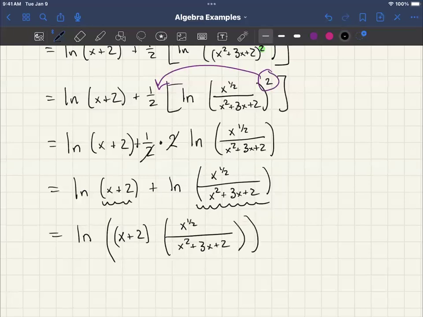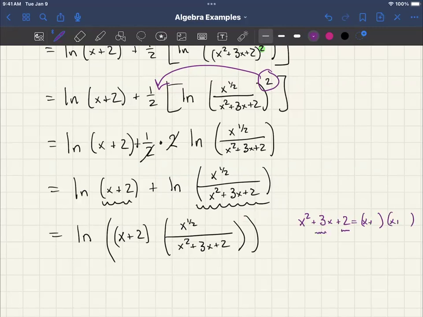We have one logarithm. Technically, we can probably stop because the question just says one logarithm, but let's go on a little bit further. You'll notice that if we look at x squared plus 3x plus 2, we can factor that, right? And notice our factors have to multiply to get us 2 and add to get us 3.